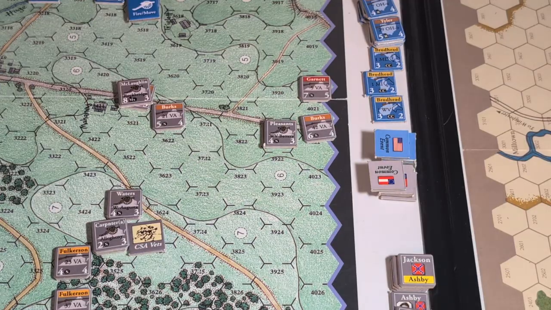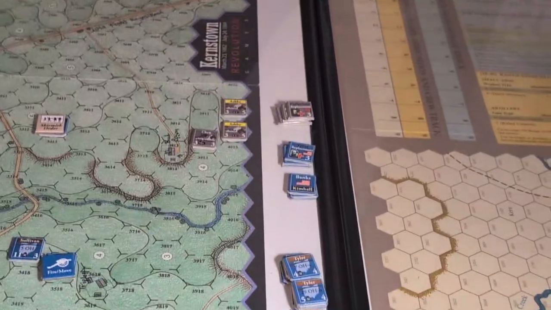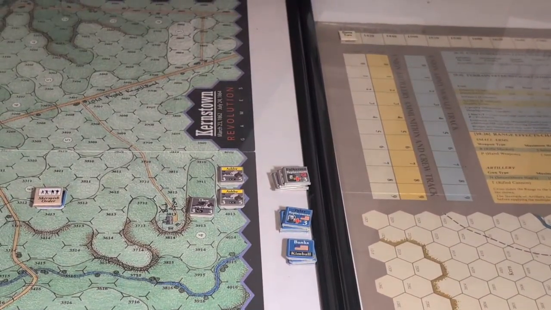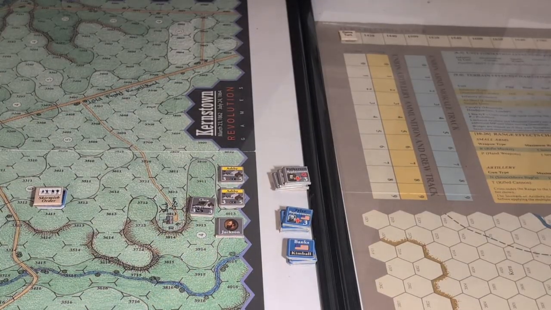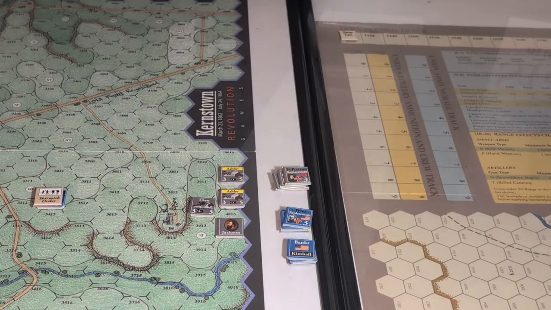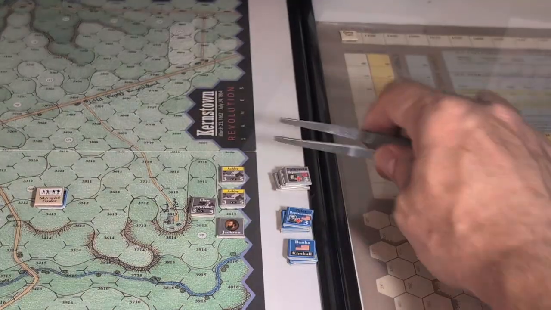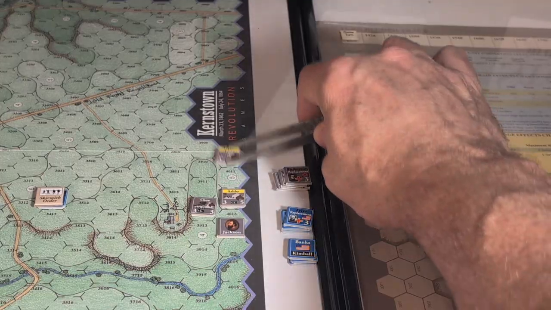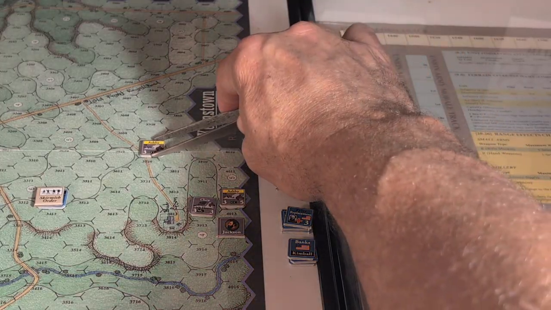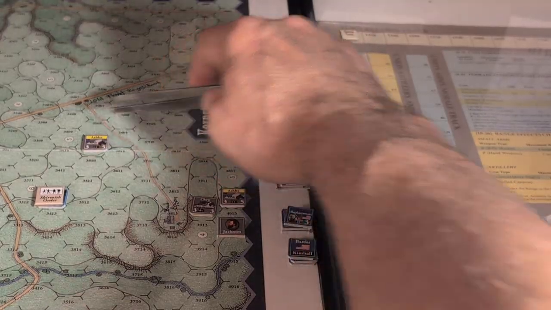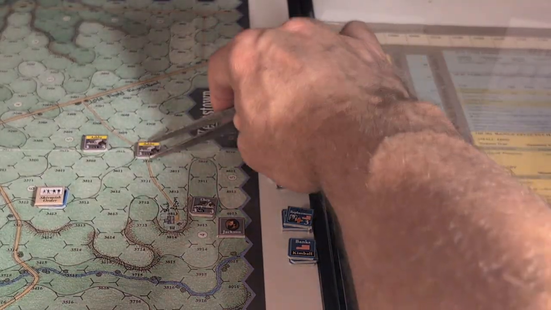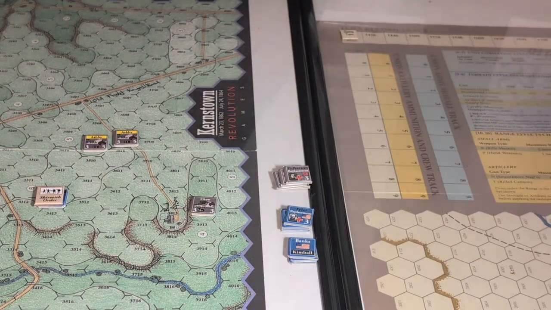He wants to move Ashby. So Jackson is going to activate Ashby over here. So 1, 2, 3, 4, 5, 6. 1, 2, 3, 4, 5, 6. Okay.